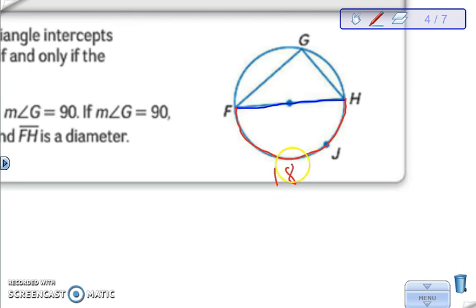And I know that every semicircle measures 180 degrees. We notice the chords at F and H intersect at point G. Therefore, angle G must have half the measure of the semicircle. So anytime I have a triangle formed with a diameter, you always end up with a right angle.